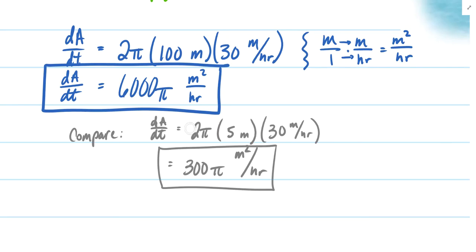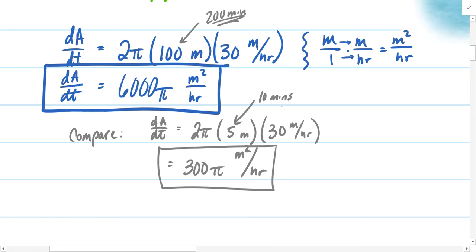By way of comparison, if we had caught this oil leak not after 100 meters of growth, but instead of only 5 meters of growth, which, by the way, 5 meters of growth at 30 meters per hour would have been caught after 10 minutes, whereas 100 meters of growth would have taken 3 1/3 hours, or 200 minutes have passed.